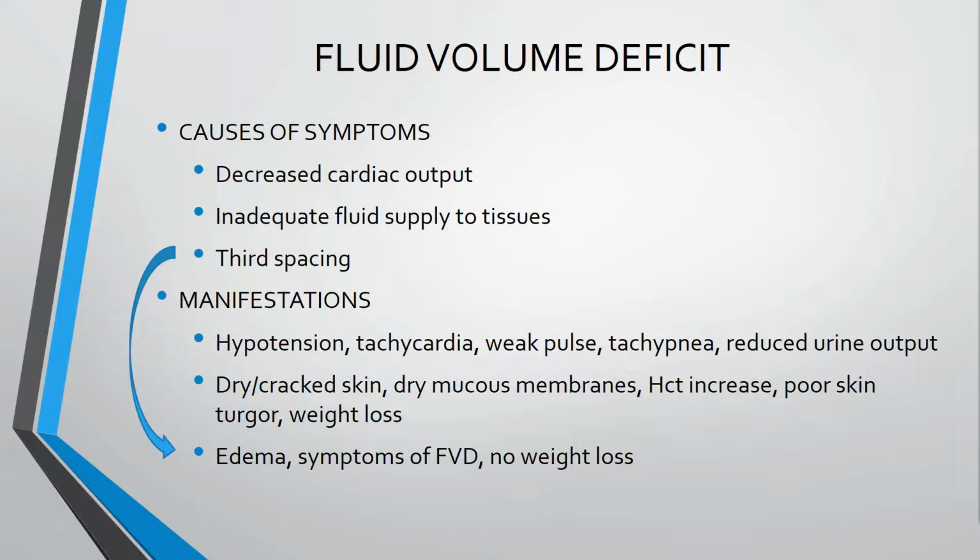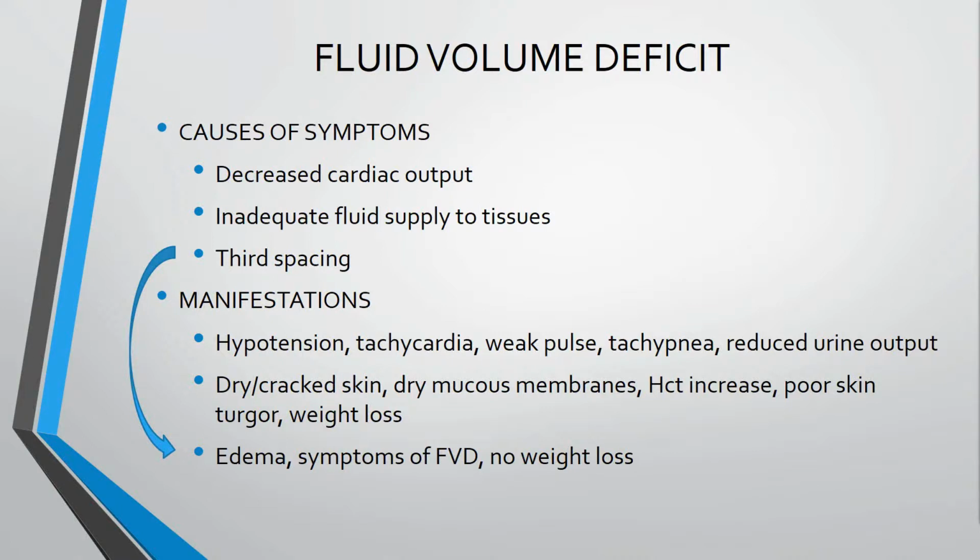Then the next thing that you might see is third spacing. So this is a relative fluid deficit. The person has not actually lost the fluid from their body. They've just had a shift of the fluid from the vascular space into an area where it's not available to support those normal physiological processes. So the trapped fluid represents a volume loss, even though the fluid is still contained within the body.